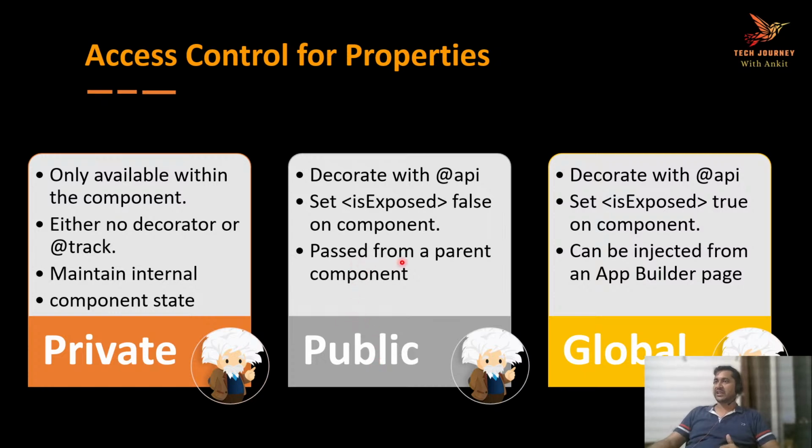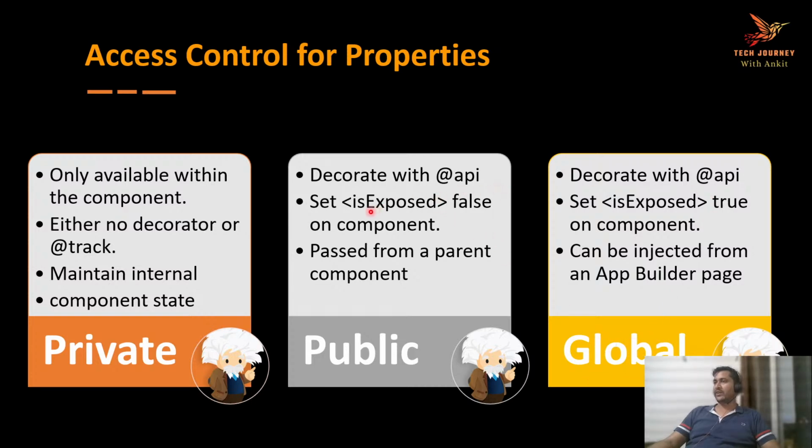Public properties generally get the data from the parent component. Next thing here is, if I am decorating a variable with the @API decorator, but here I push isExposed as true, then it will be considered as the global property.